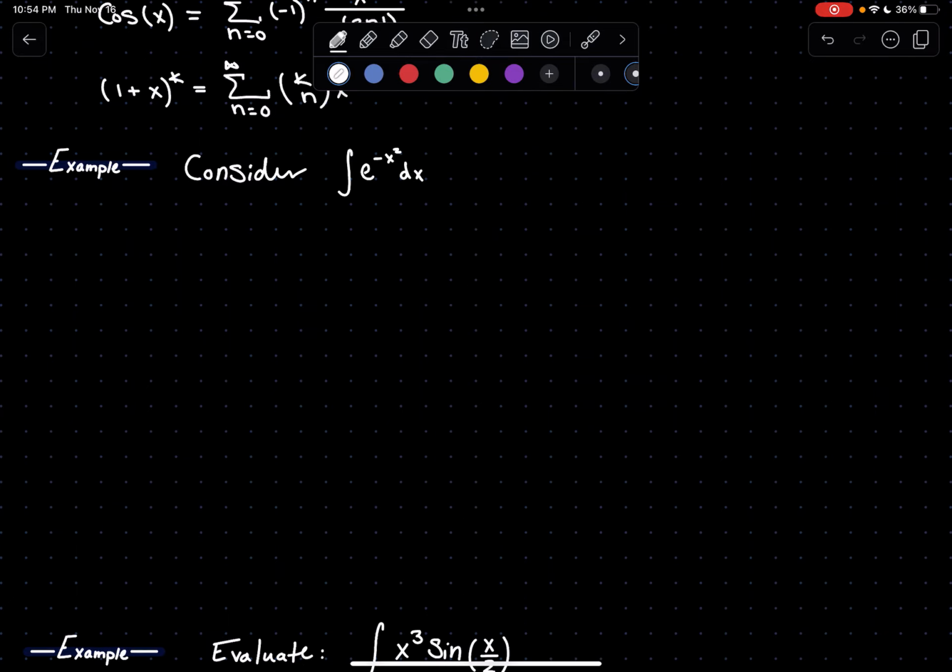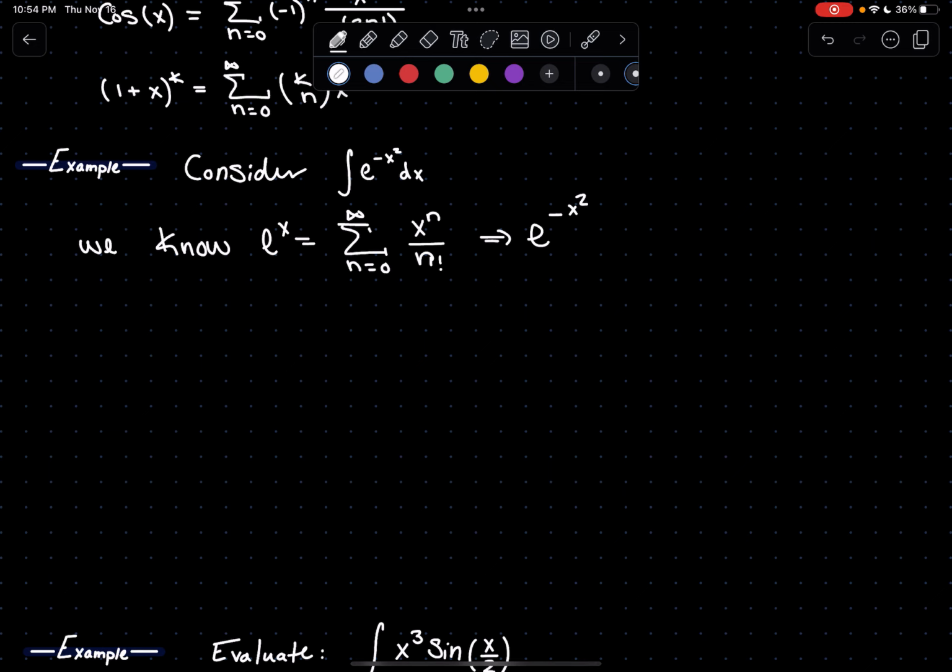Well, we know, what's the function that looks similar here is e to the x, right? E to the x is equal to this sum, n equals 0 to infinity, x to the n over n factorial, right? So that implies that e to the negative x squared, well, wherever I see an x, I'm going to put a negative x squared, right?